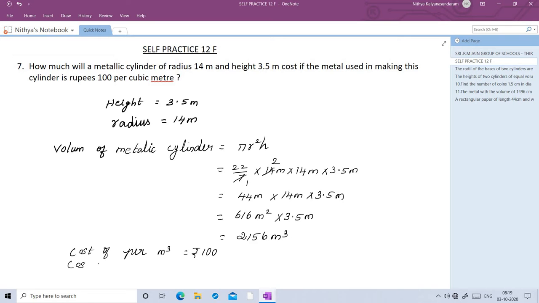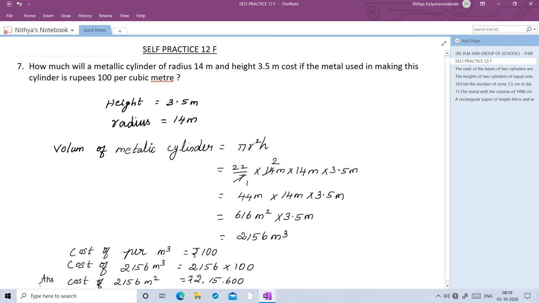So the cost of 2156 meter cube is 2156 into 100. If you multiply by 100, you will get 2,15,600 rupees. So the cost of 2156 meter cube is 2,15,600.